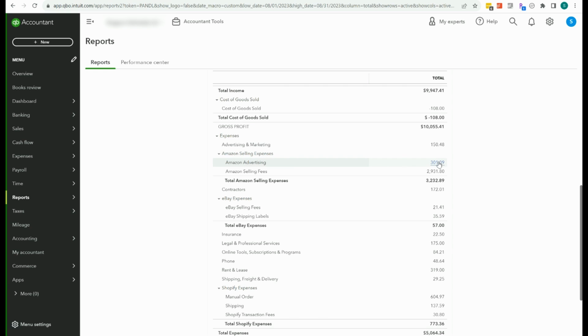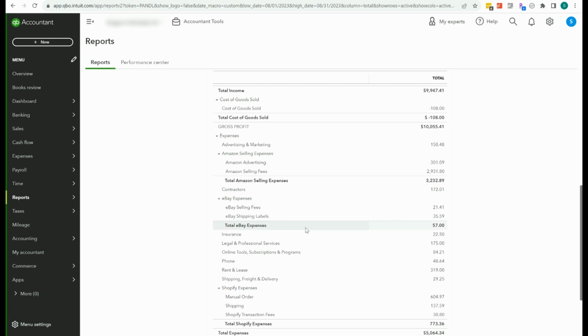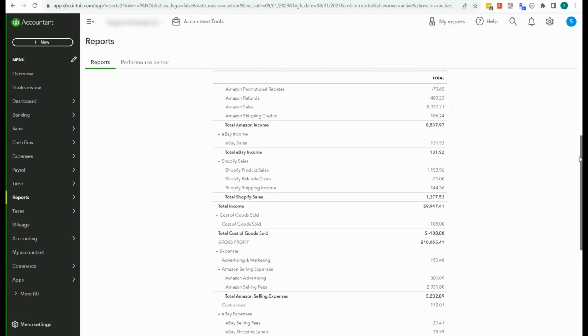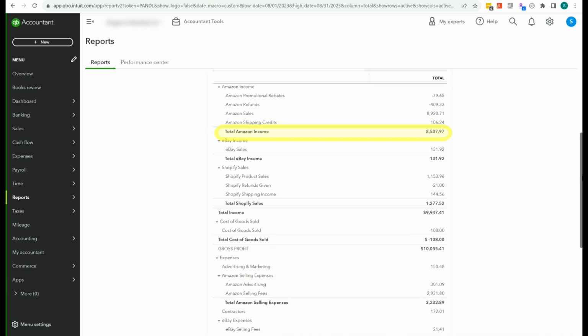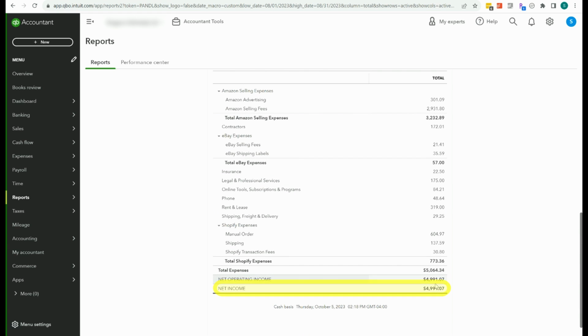Down here we have our Amazon selling expenses. We have our advertising. We have our other selling fees. 3,232.89. So if we didn't have anything else in this profit and loss, we would just take our income figure up here, Amazon, less our selling fees, and that would be our net income line at the bottom.